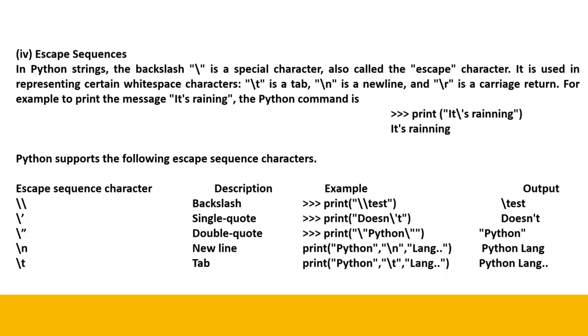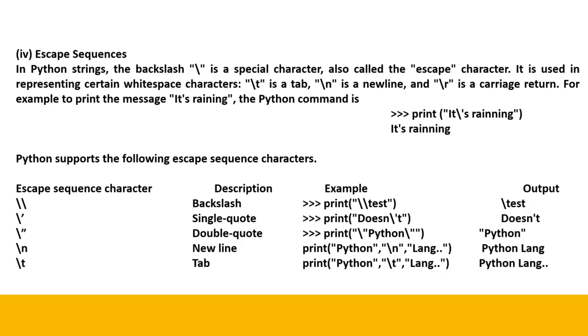Escape sequence. In Python strings, the backslash is a special character, also called the escape character. It is used in representing certain white space characters like \t is tab, \n is new line, \r is carriage return. So for example, it's raining. We have to get the output as it's raining.